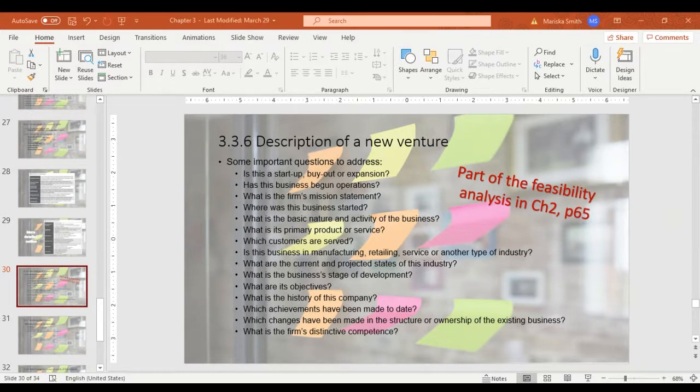So guys, distinctive competence, and I want you to make a note here for me. This is the competitive advantage that a company possesses. Okay. So a competitive advantage is obviously something that makes you different to the rest of your competitors. And it doesn't always have to be the product that is different.